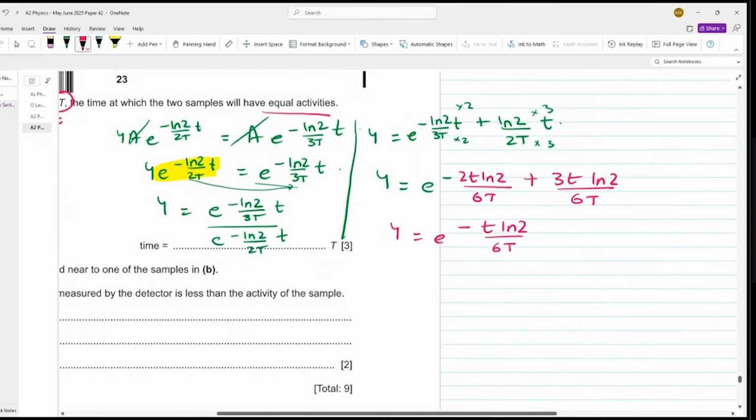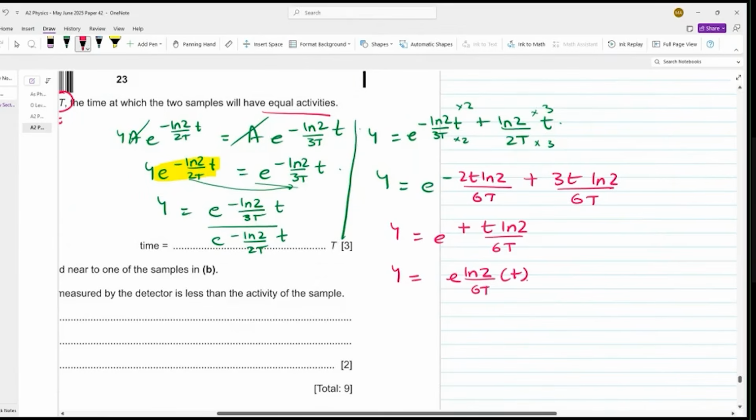What can we do? We can bring this power to the left side. 4, this will be plus. 4 is equal to E to the power of ln2 divided by 60 into small t.